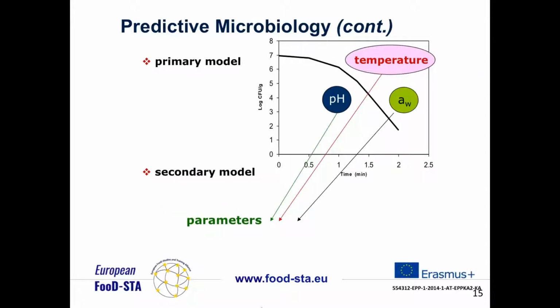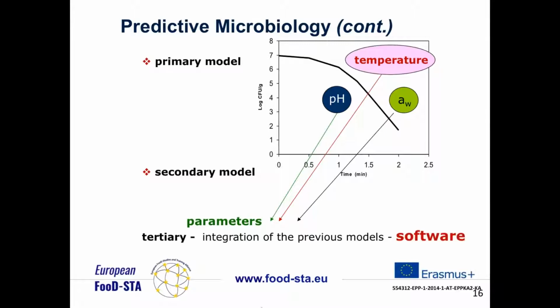Then it studies the effect of different stressing conditions like pH, temperature, water activity, and determines these parameters. And then there are the tertiary models that are the integration of the previous models.